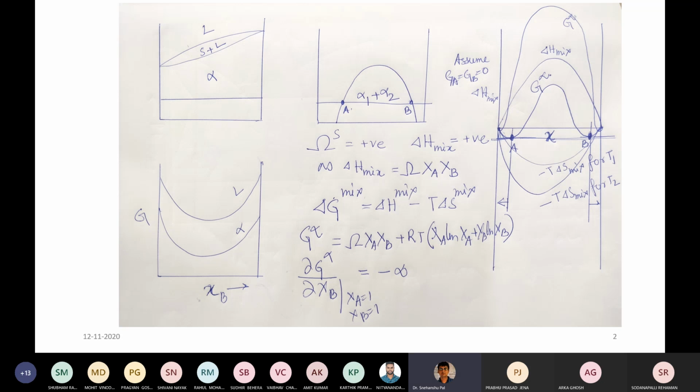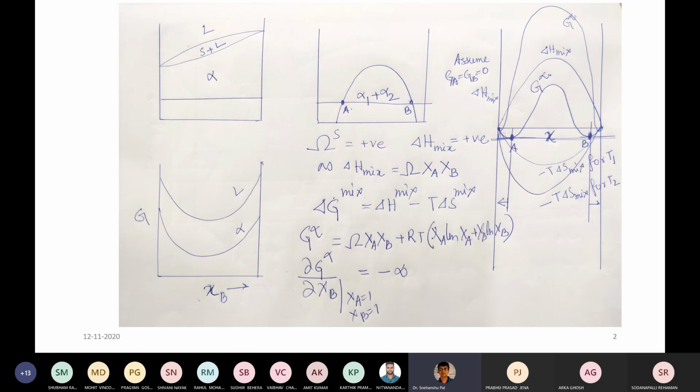So the free energy curve could, in the ultimate case, even be like the curve written here, where a very big hump will be there, but it has to drop first to the negative side, then it will increase on both pure sides. It can even be a very high value. If omega is very high positive, then you can get such extreme things.